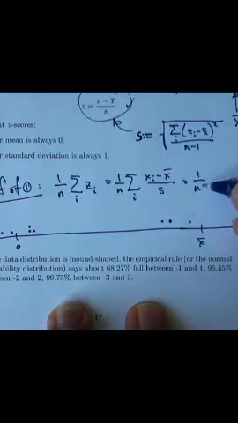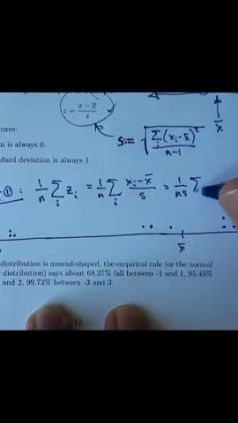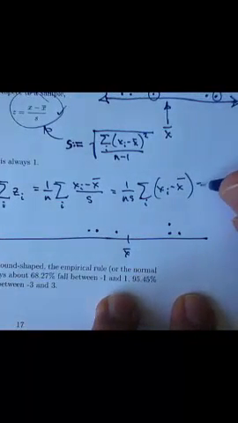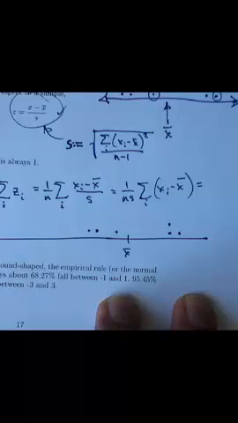You get 1 over n s times the sum of xi minus x bar. Okay, and in fact, now maybe I could just do it like this?